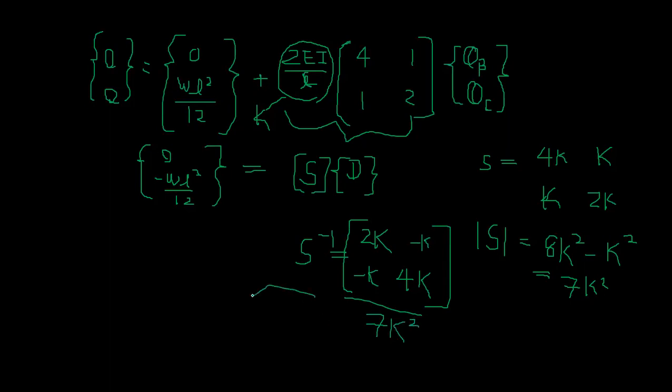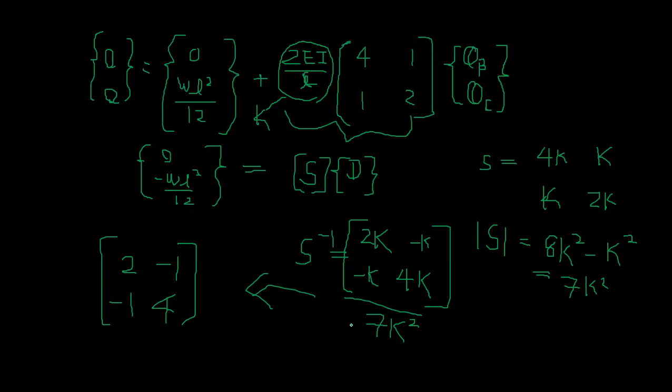You end up with one K cancelling. So it's 2, minus 1, minus 1, 4, and 7K remains underneath. So 7K is this, 14EI over L.